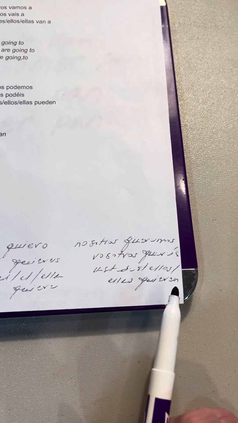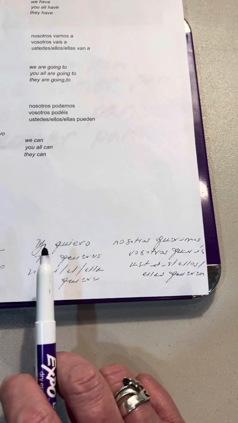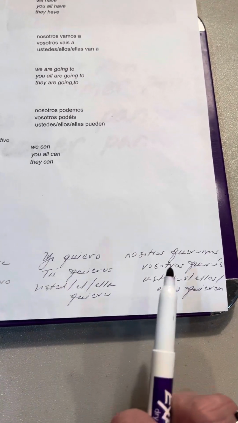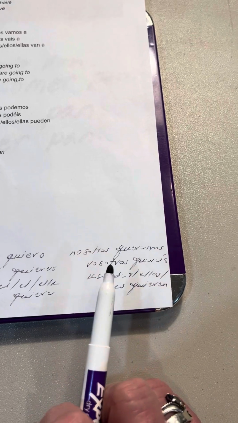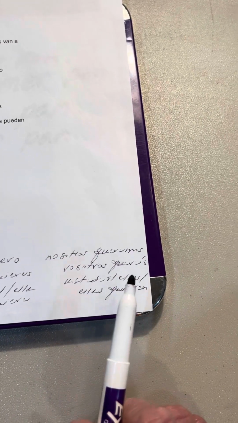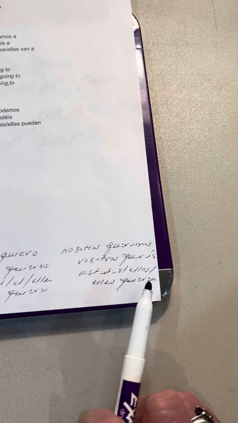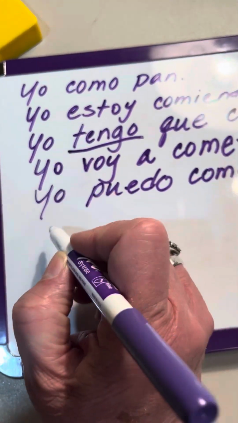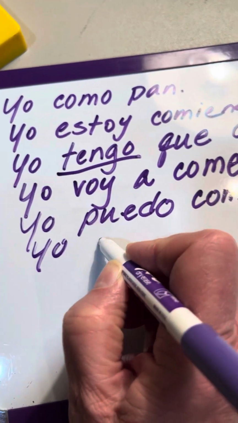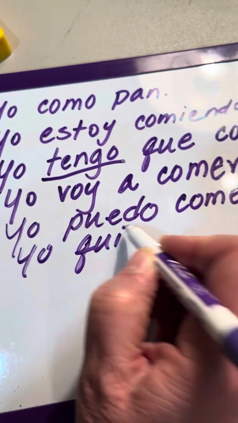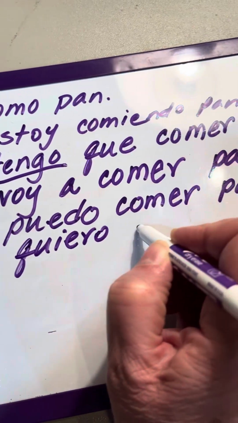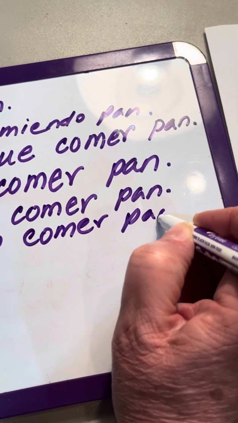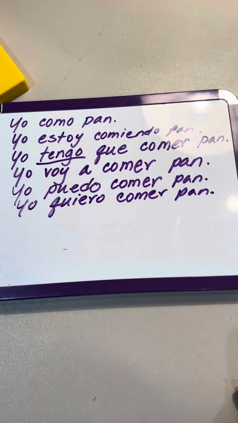E-M-O-S, E-I-S. Quieren, irregular. Yo quiero, tú quieres, usted, él, ella quiere, nosotros queremos, vosotros queréis, ustedes, ellos, ellas quieren. So when we think of this one, we're saying, I want, yo quiero comer pan. I want to eat bread.